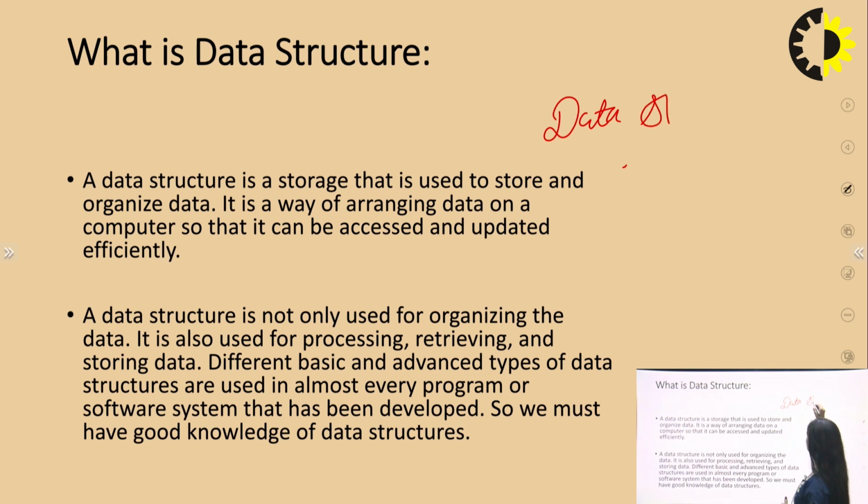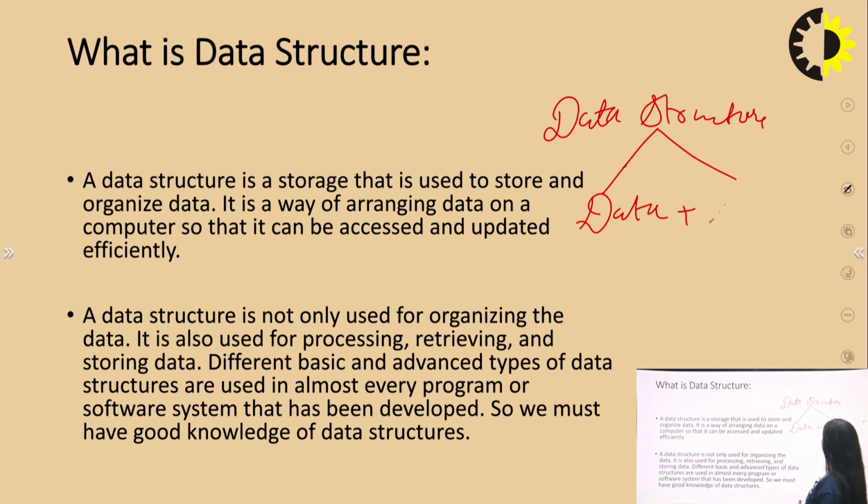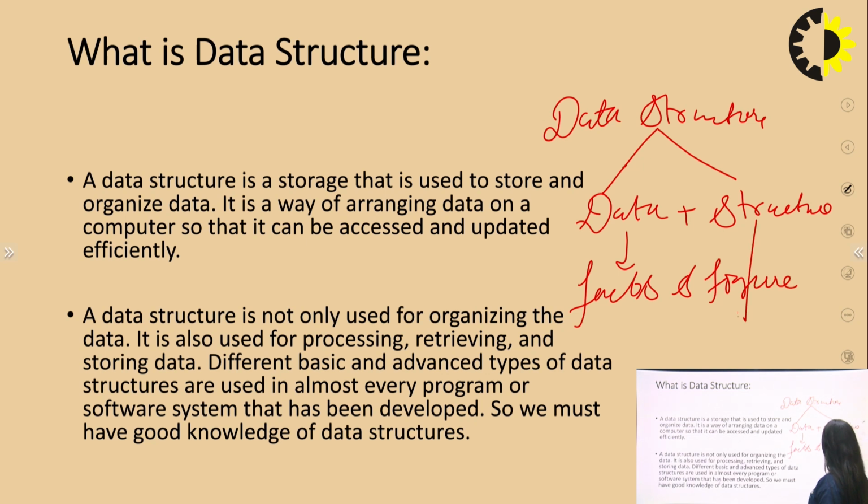Data structure is a combination of two words, data plus structure. Data means raw facts and figures, and structure means organized data.